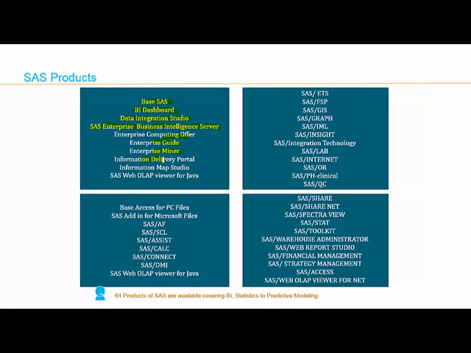Whenever you want to deliver information on the web, so that your end user or client can log in to your application, see dynamic reports, or customize the reports in his own way, there is a very powerful IDP, the Information Delivery Portal. Information Map Studio is used to map between the web applications and the client applications.